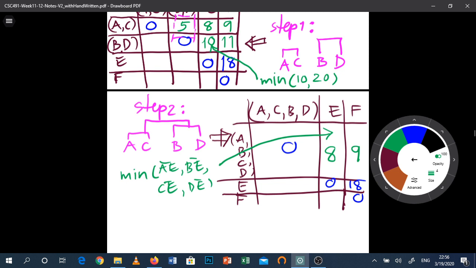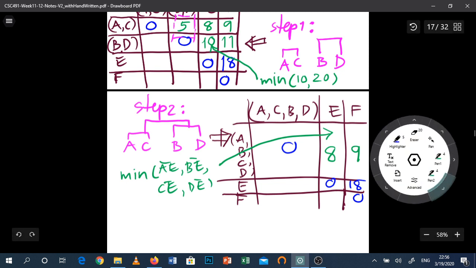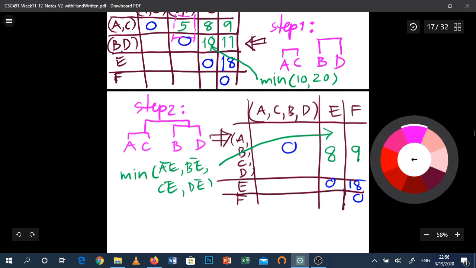Okay. Again, the next phase, the algorithm will look into the smallest value on the latest update distance metric.